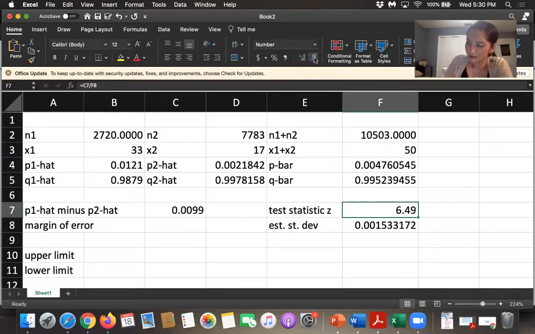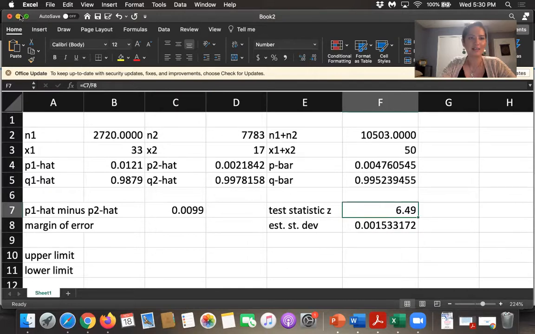That means our P1 minus P2 hat is actually 6.49 standard deviations above the mean, which is pretty surprising, especially given that the difference between P1 hat and P2 hat is 0.0099. That must be because that standard deviation is so small.